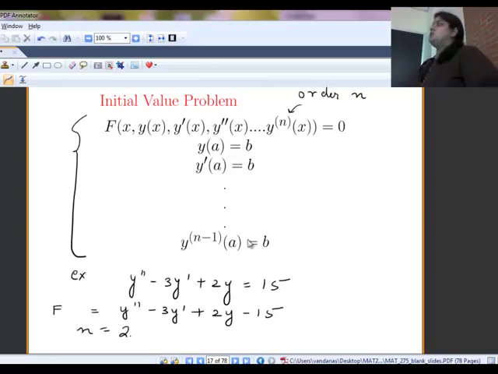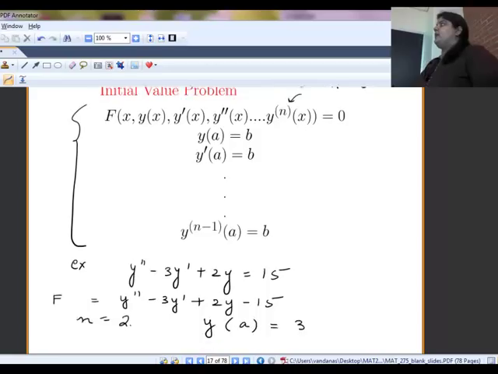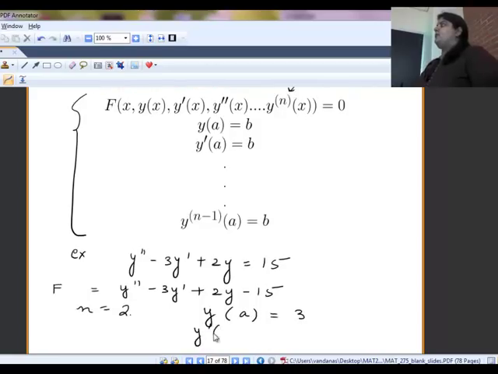So in this differential equation, if you want a unique solution, you have to specify 2 initial conditions: y at a equals, say, 3, and y prime at a equals, say, 4, where a can be any real number, such as 0 or anything.